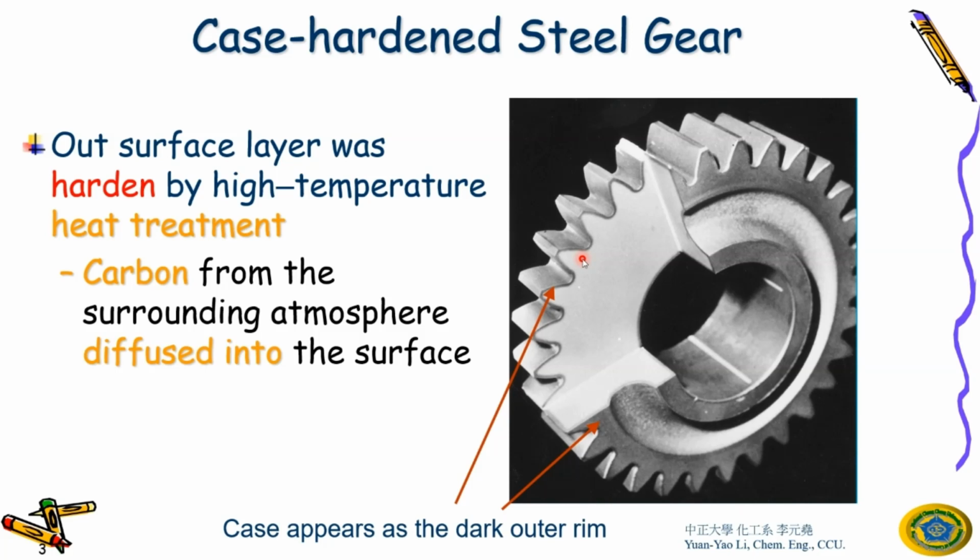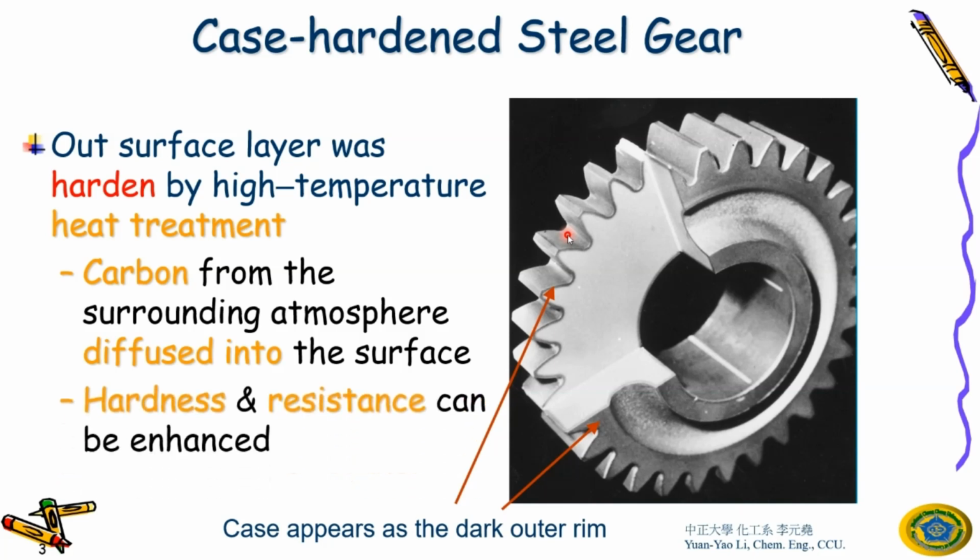The carbon becomes an atom and deposits on the surface of the gill and diffuses from the surface into the inside of the gill. So hardness and resistance can be enhanced.